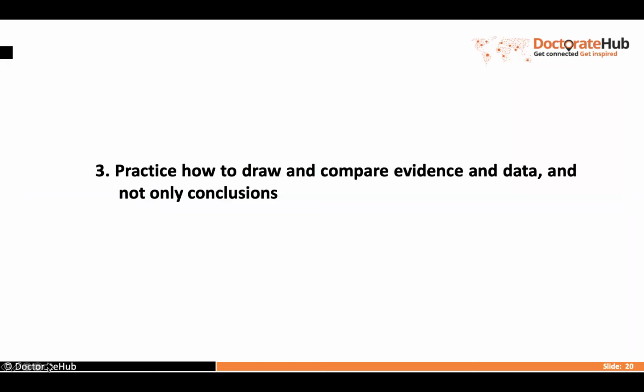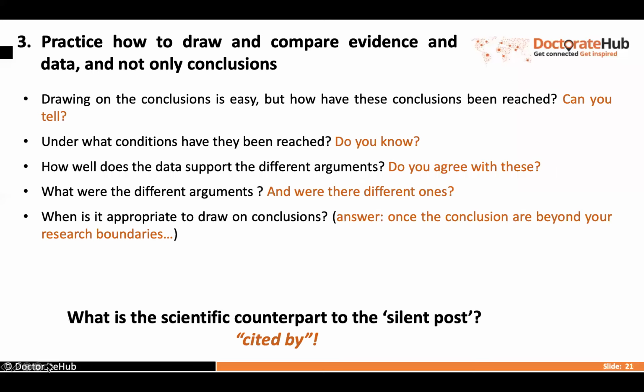Next to that, practice how to draw and compare evidence and data, and not only conclusions. Coming back to the earlier example of the apple and the basket, obviously those are not two alikes that can be compared. To draw on conclusions is easy because they are clear.